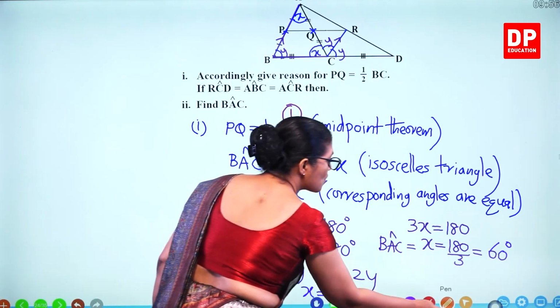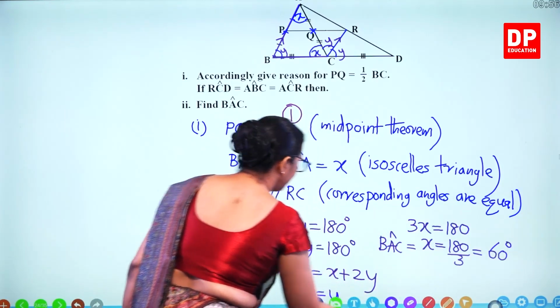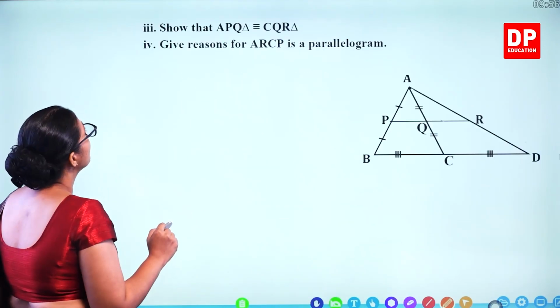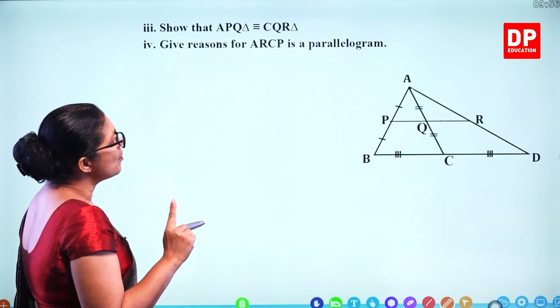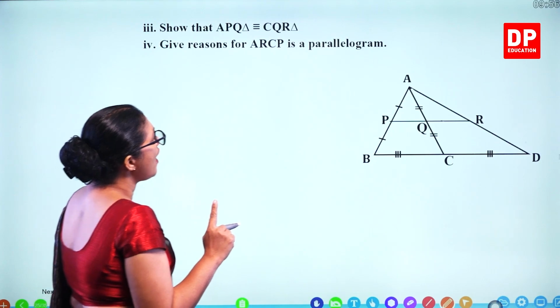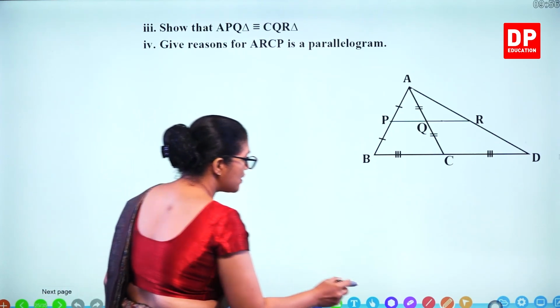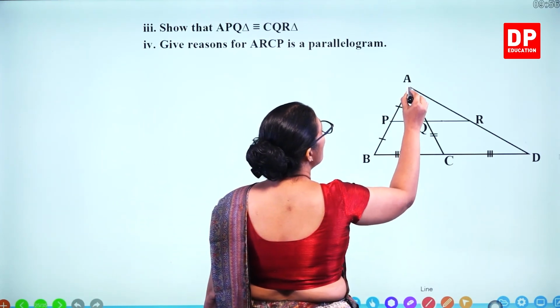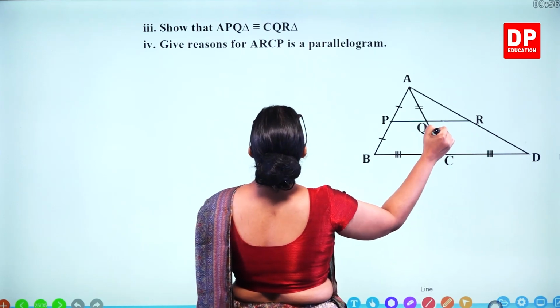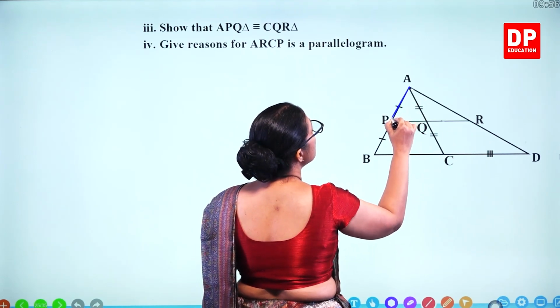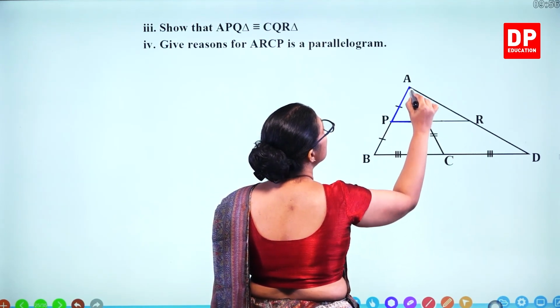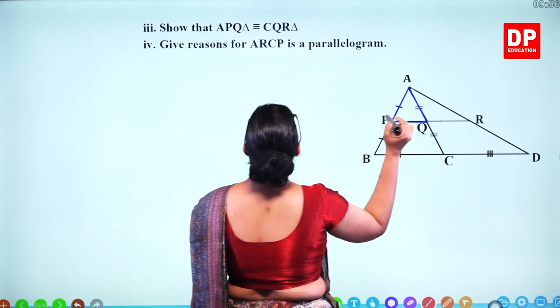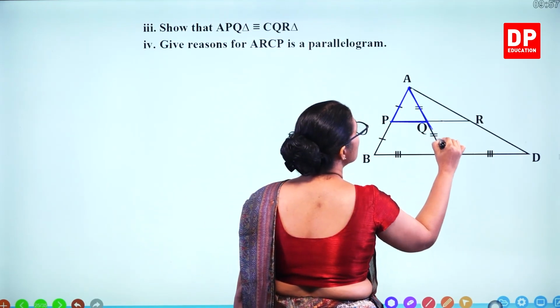Now we'll take the next one. Show that APQ triangle is congruent to CQR. So this triangle APQ and CQR.